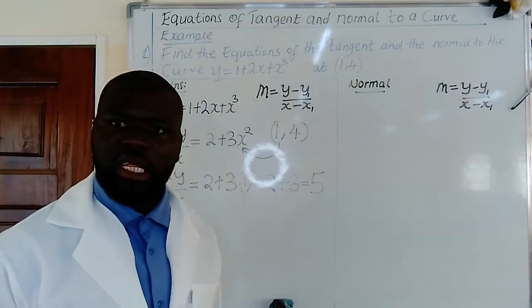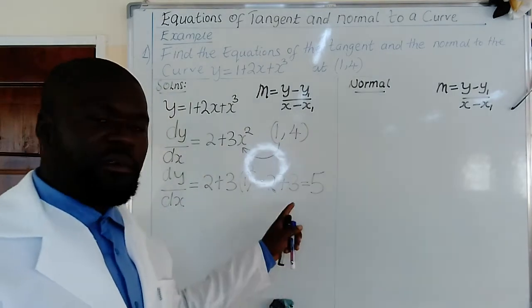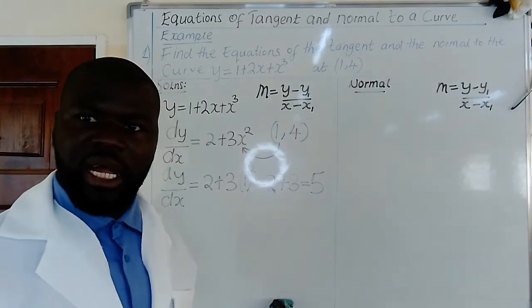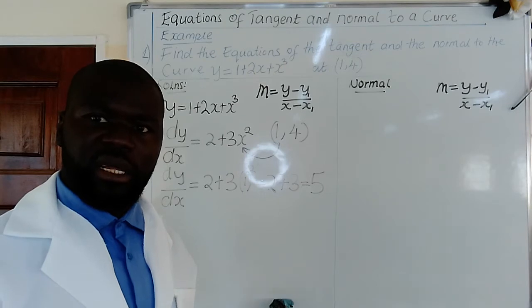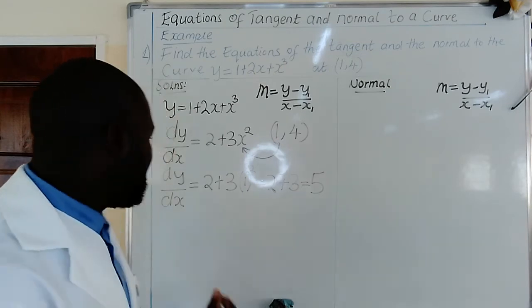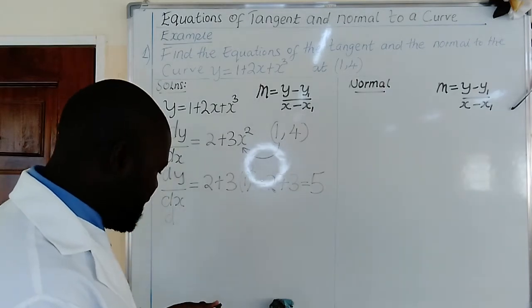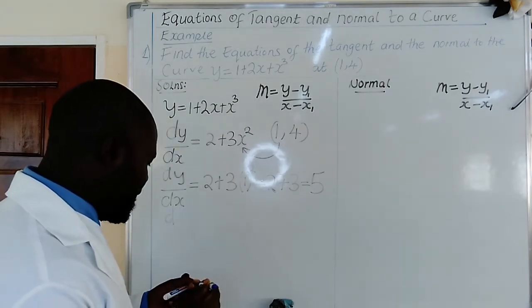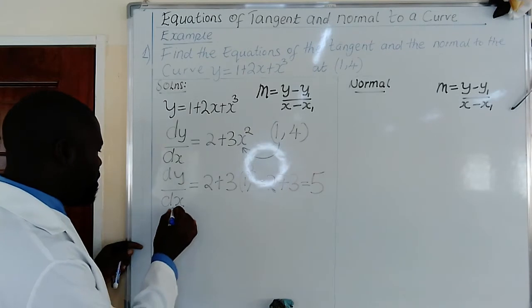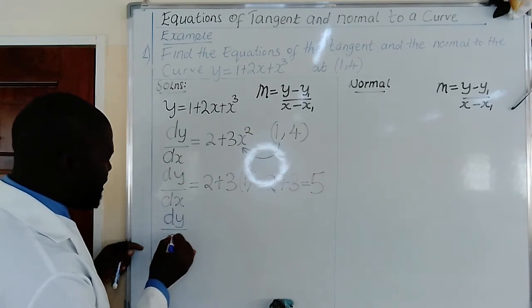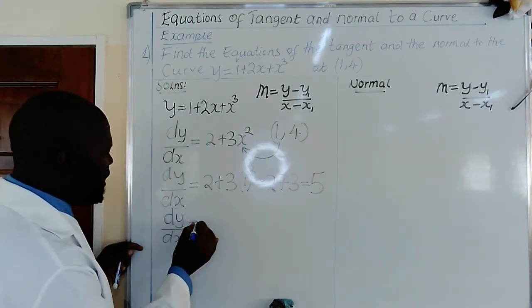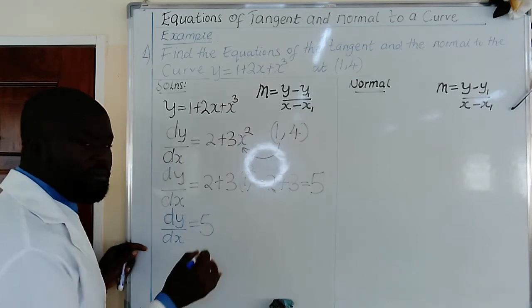So this 5 that we have is the gradient of the tangent. So we have finally dy dx equal to 5.